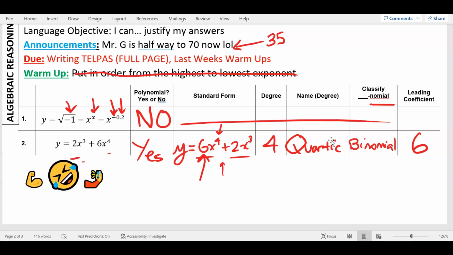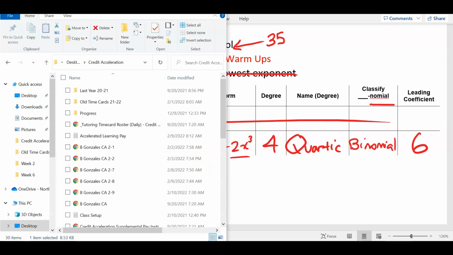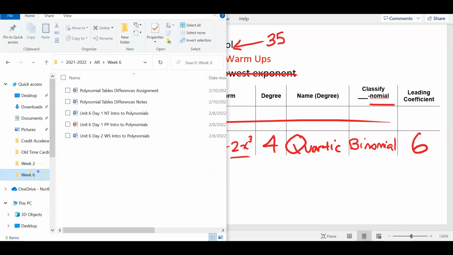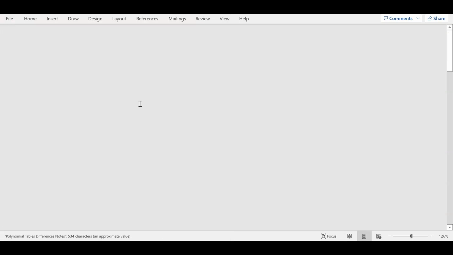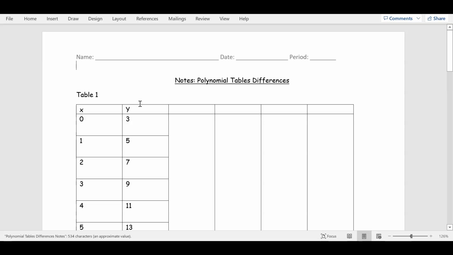So let me pull that up here on the screen. All right, so go ahead and write your name and the date and the period if you haven't already.